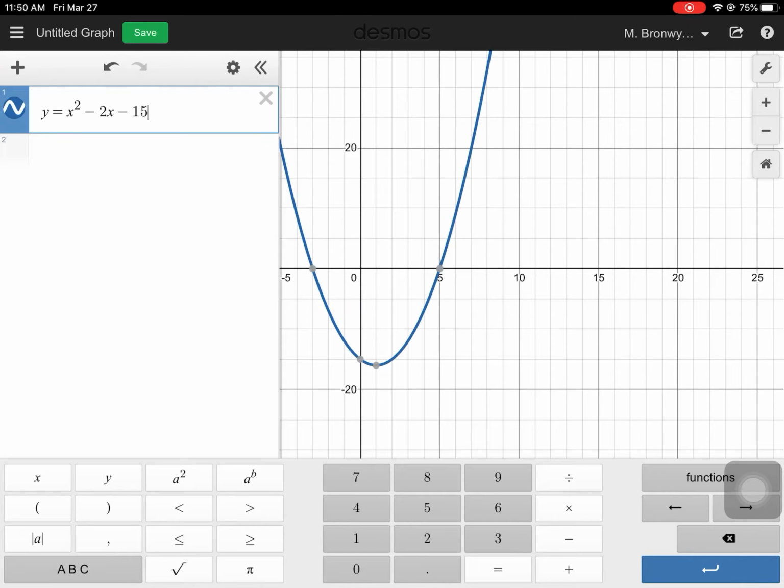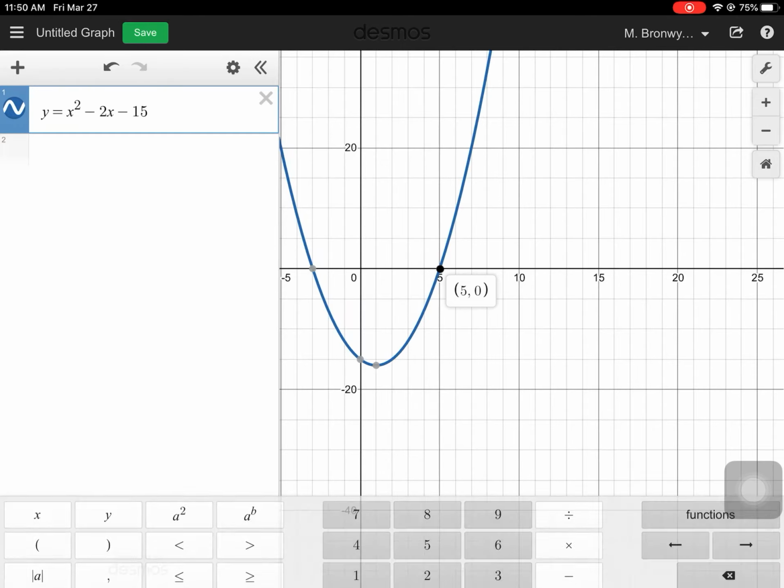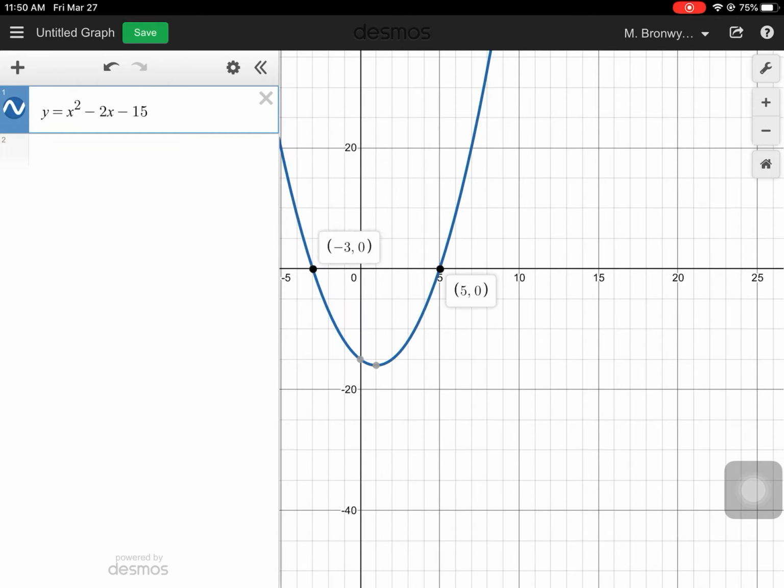And if we look at that and we look at our 5 points, we can see that our x-intercepts are at 5 and -3. We've got a vertex at (1, -16), and we've got a y-intercept at (0, -15), and then its partner would be over here at (2, -15).